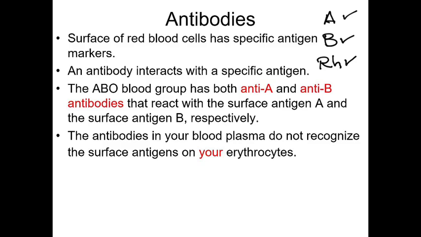So in your own body, the antibodies in your blood plasma do not recognize your own red blood cells, but do recognize blood types different than yours that might enter into your bloodstream.